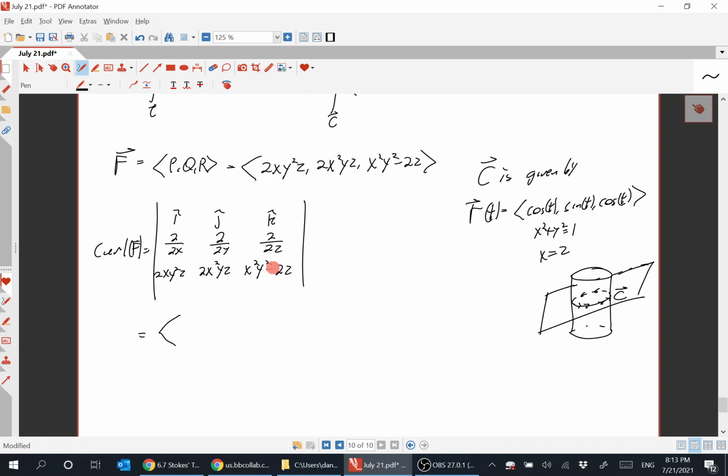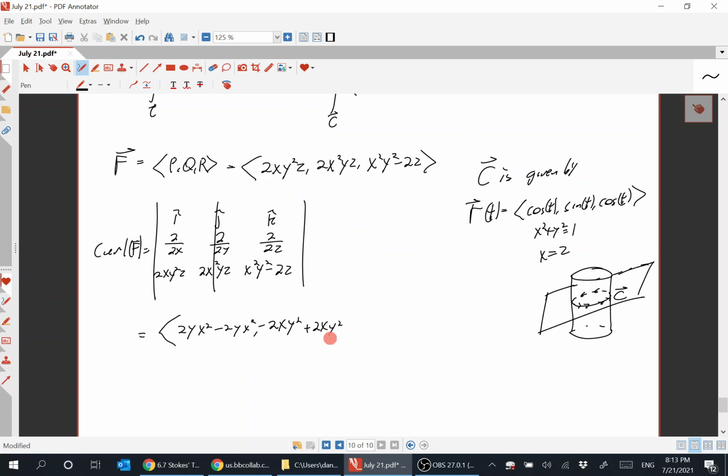So this is 2yx squared minus 2yx squared. This one is 2xy squared minus 2xy squared.